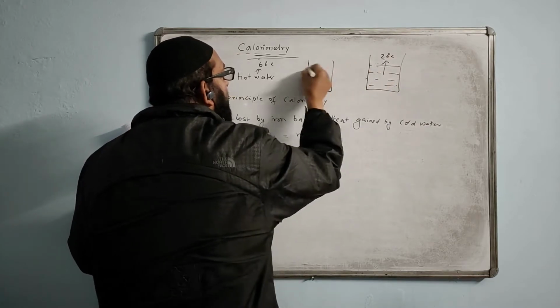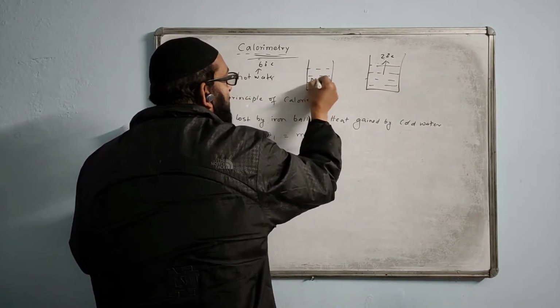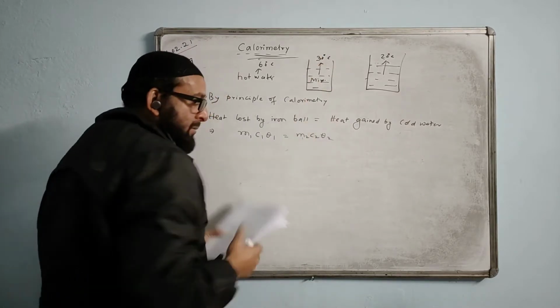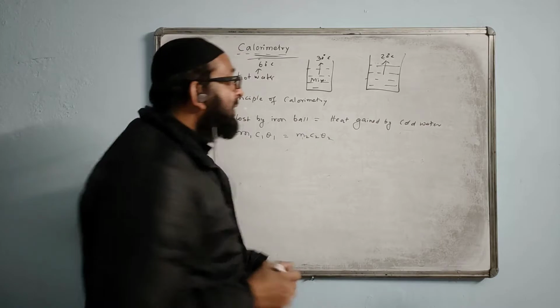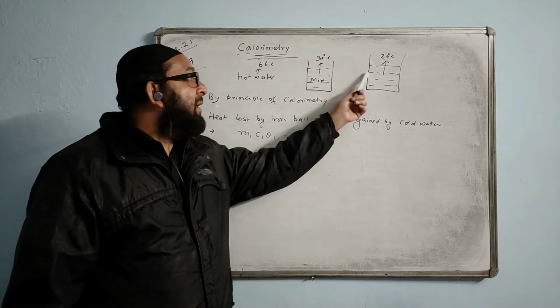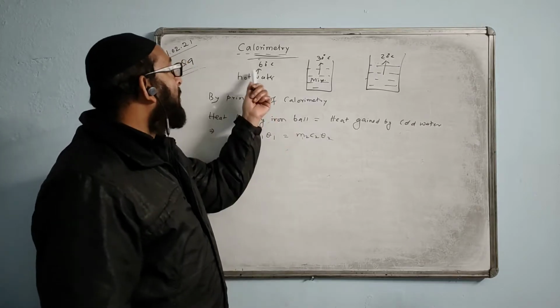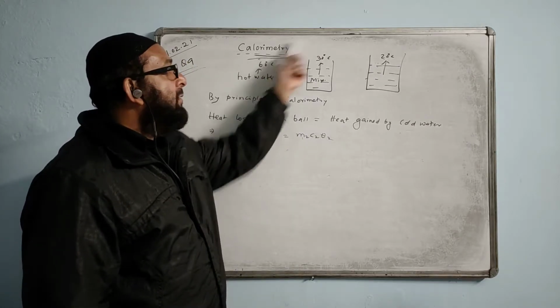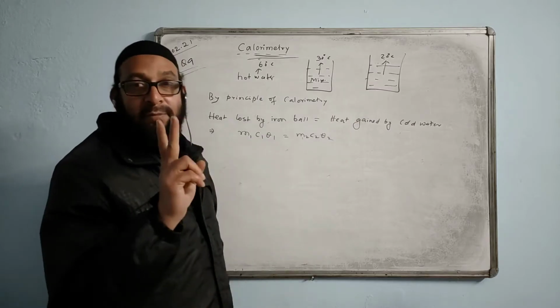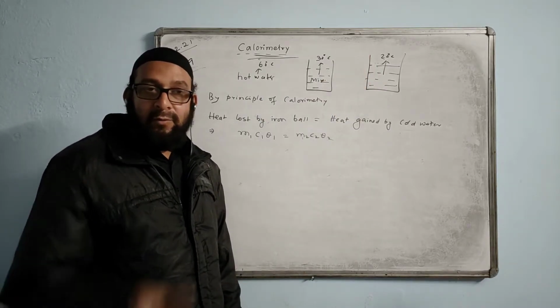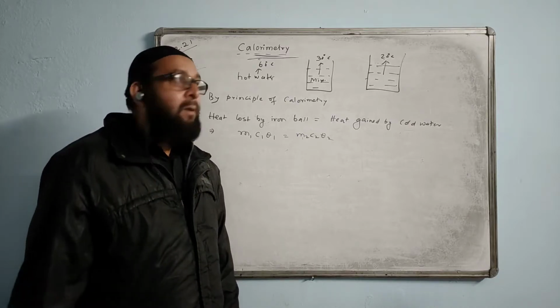After mixing it, this is the mixture. The temperature of the mixture will become 30 degrees Celsius. You have to find the heat capacity of the vessel. This time, this hot water will lose heat and two of them will gain. This water will gain and the calorimeter, the vessel, will also gain, because the vessel will also get heated up.